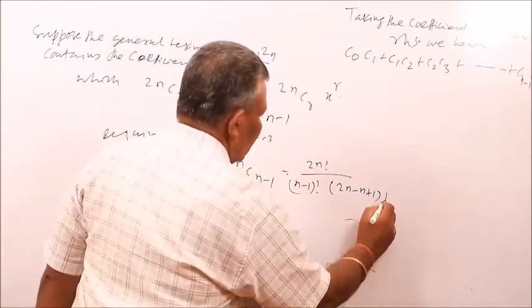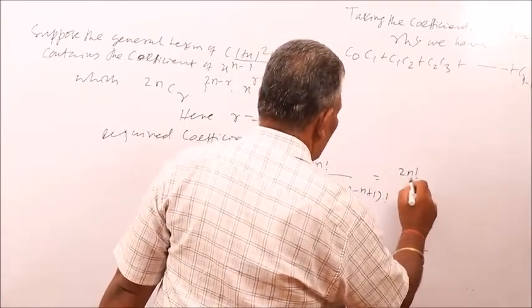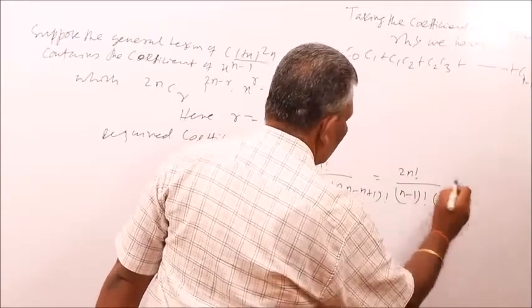Same formula, n factorial by r factorial n minus r factorial, that is 2n factorial divided by n minus 1 factorial into n plus 1 factorial.